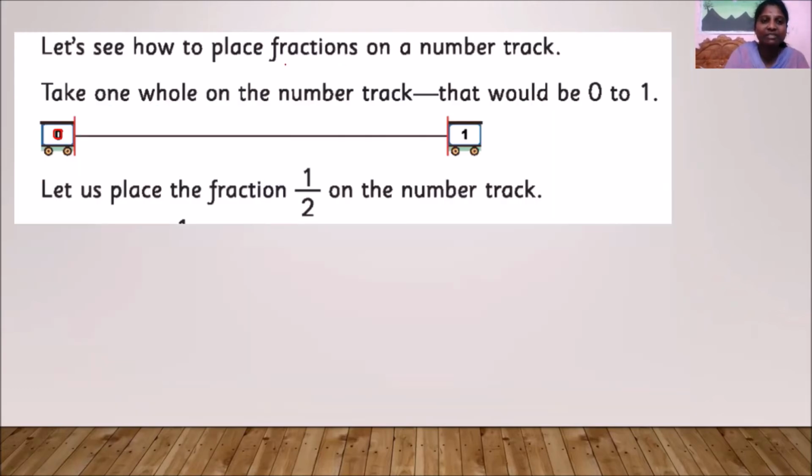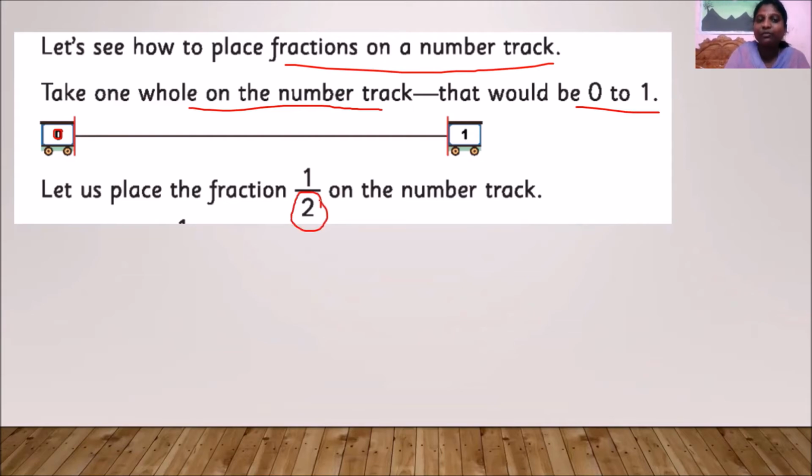Let's see how to place fractions on a number track. For that, you have to take one whole on the number track. That would be 0 to 1. The number track always starts with 0 and ends with 1. Let's see how to place the fraction 1/2 on the number track. In 1/2, the bottom number represents the total number of parts.